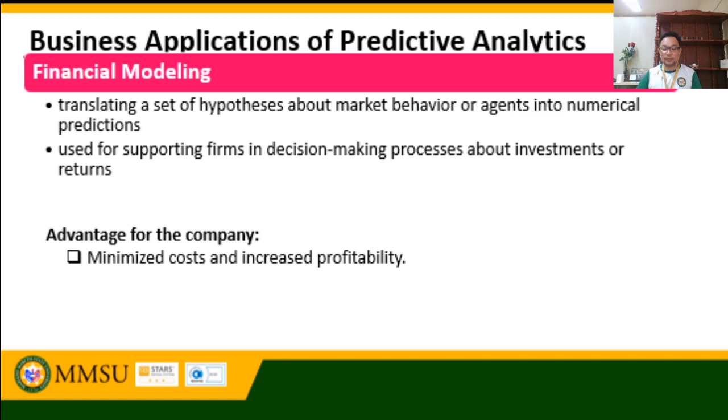Now, an example is to predict the stock market trend from internal and external variables. Now, usually sa financial modeling, we use linear regression to determine, for example, the profit we can gain using different variables. Okay? So, lahat yon pag-uusapan natin in our next, or in part 2 of our unit.